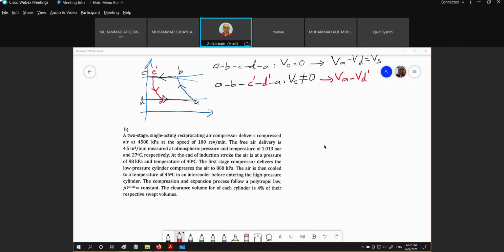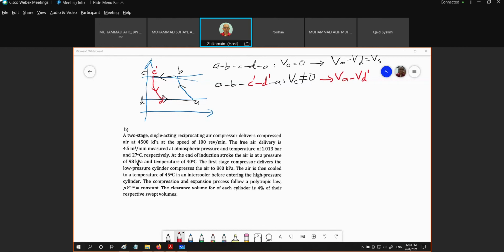At the end of the induction stroke, the air is at a pressure of 98 kPa and temperature of 40 degrees C. Now be careful, you see the unit of pressure is not consistent. Here it is given in bar, here in kPa. So be careful.